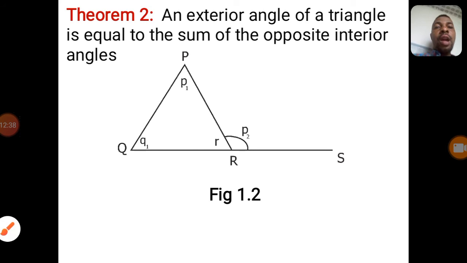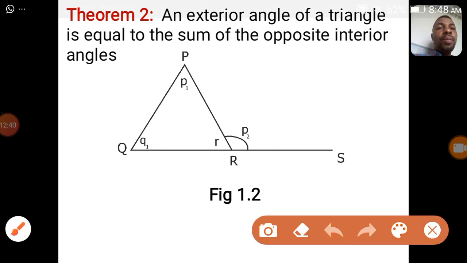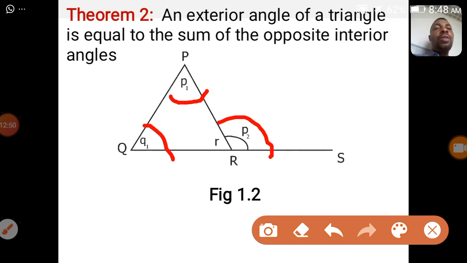In this triangle that you see here, angle P2 is the exterior angle. And this theorem says that the sum of P1 and Q1 will give us what? P2. Of course, that is what we are going to prove.